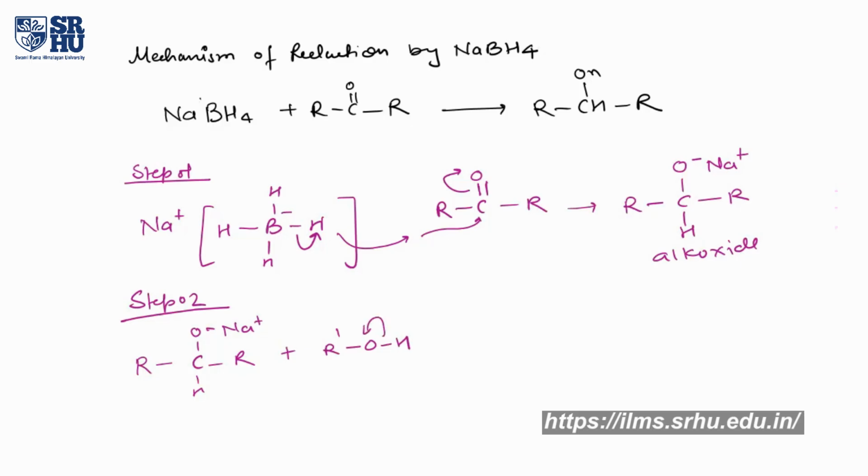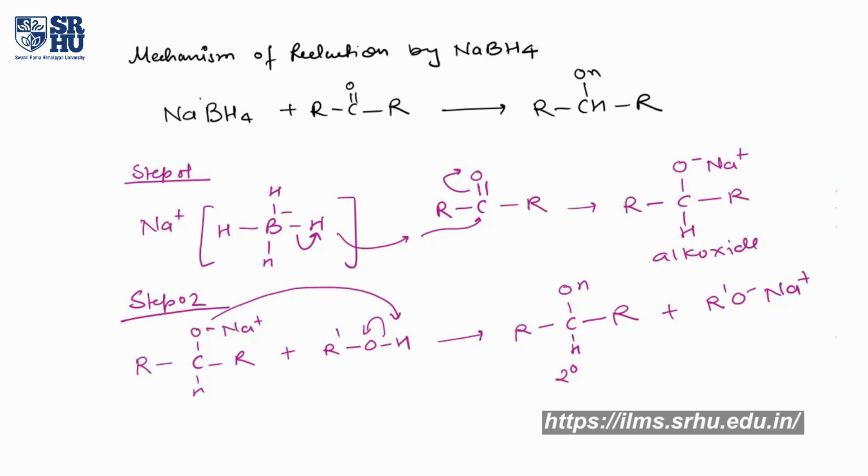So alcohol oxygen takes away the electrons, and it accepts a proton and forms RCOH, single bond H and R, a secondary alcohol. And the rest of the part, R dash O negative, attaches with Na positive, and we get another alkoxide ion.